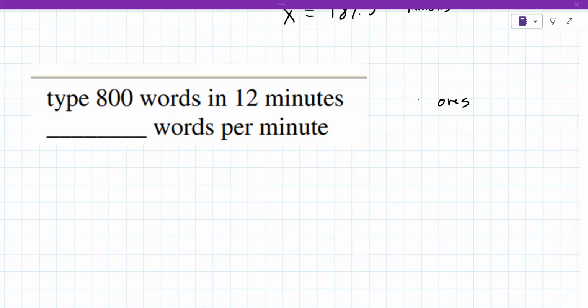Would you divide 800 by 60 or 12? Well, 12.